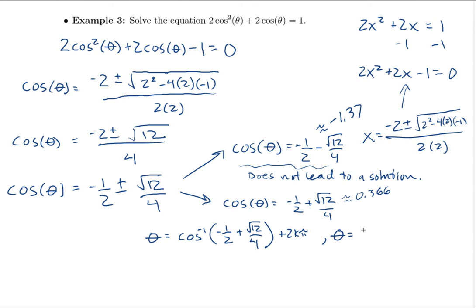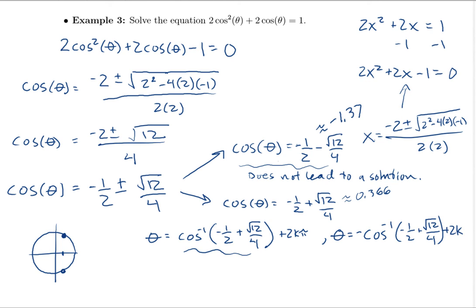I think in a lot of the examples I've done so far, I've always picked 2 pi minus the first angle. But remember, right, if that's 0.366, right, here it is. This is the one I'm finding right now. That's this one. This one is either 2 pi minus that much, or it's just the negative of it. So I'm just going to go ahead and say it's the negative of it, because we weren't told we had to get the positive answers or anything like that.